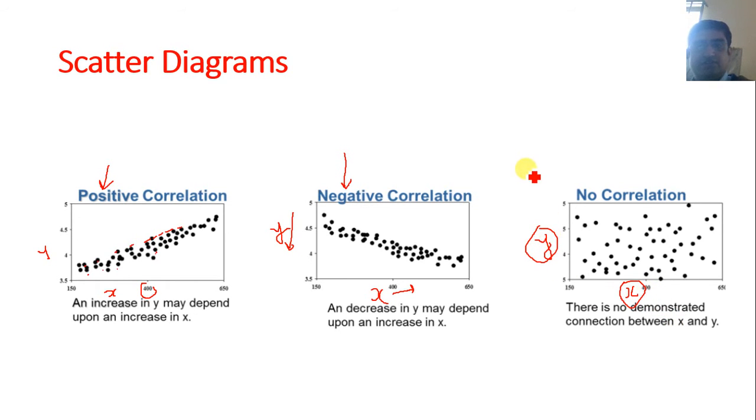So in the first case it may be positive, it may be negative, or there may be no correlation between x and y. These are the three probabilities which can be present in scatter diagrams. After drawing that, you can find the effect of the two different variables on each other, and also find the relationship between them.